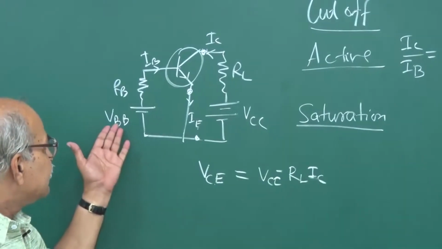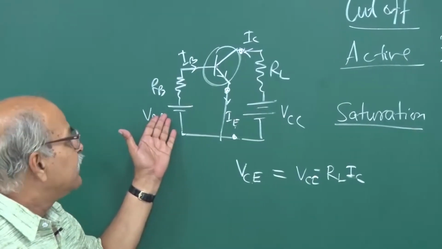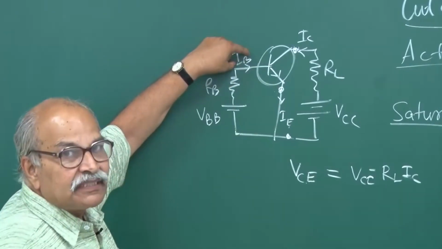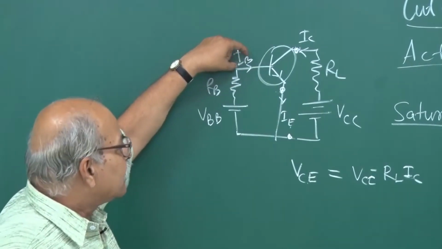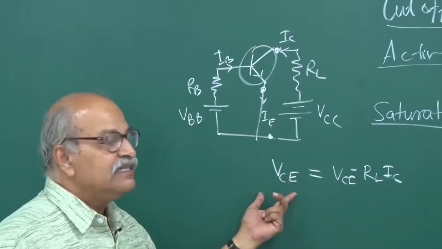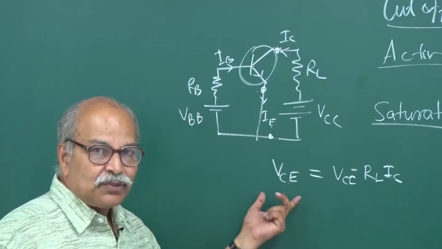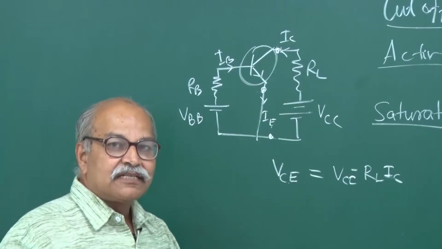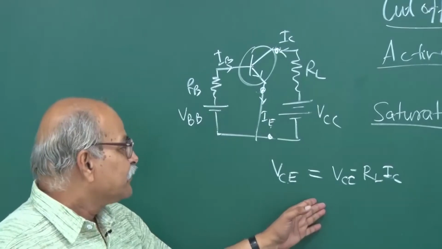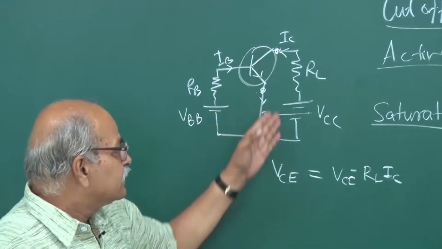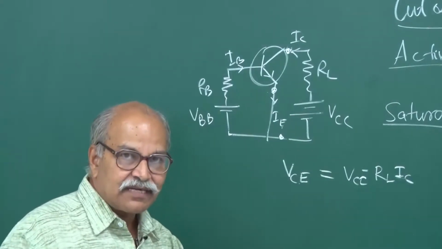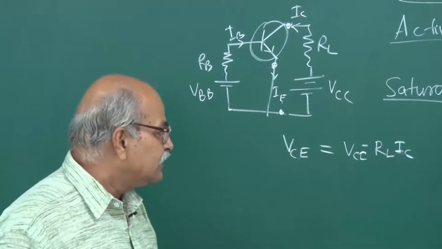But what happens if I increase this VBE, if I increase this IB? If IB is increased, IC is increased, and if IC is increased, then VCE is decreased. So, the reverse bias voltage decreases, okay? And if the reverse bias voltage decreases, the strength with which it is attracting these electrons decreases.